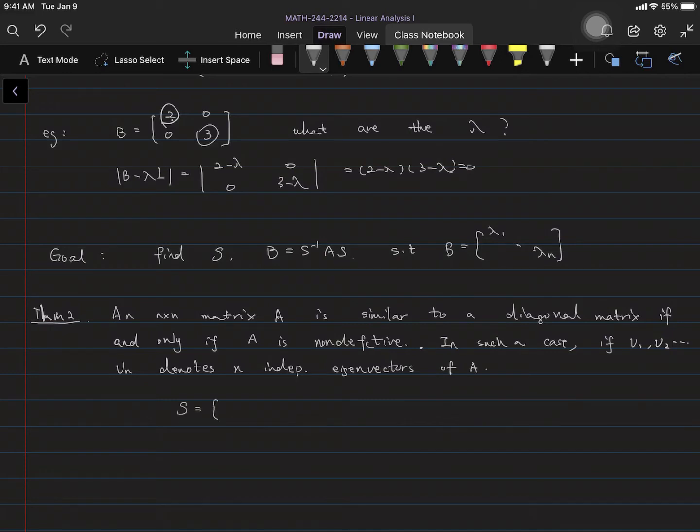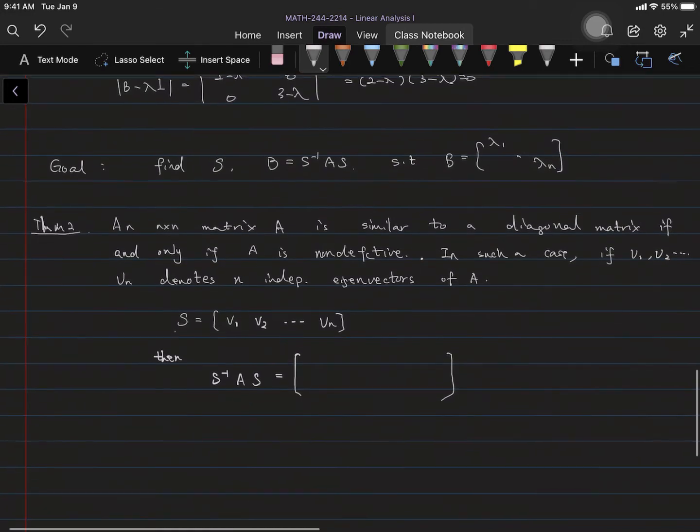We put all the eigenvectors as the column vectors like this, and this gives us the matrix S. If we do S inverse times A times S, this is going to give us the diagonal matrix with lambda 1, lambda 2, and lambda n.